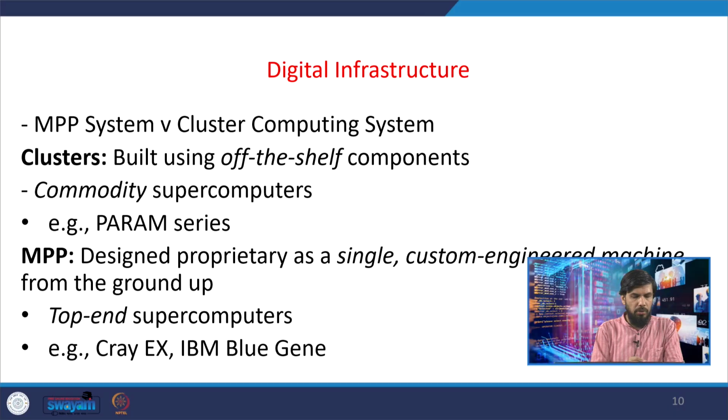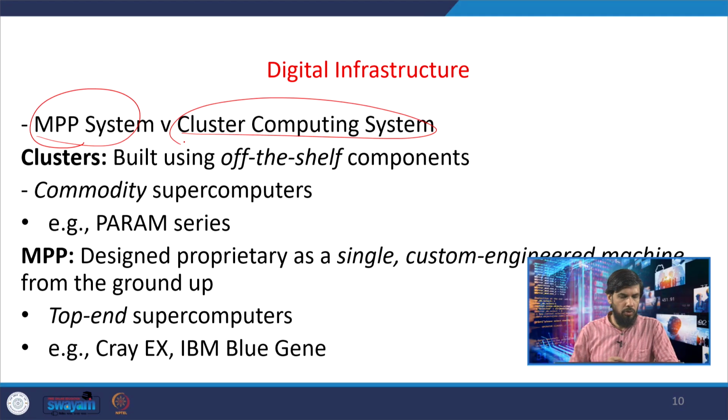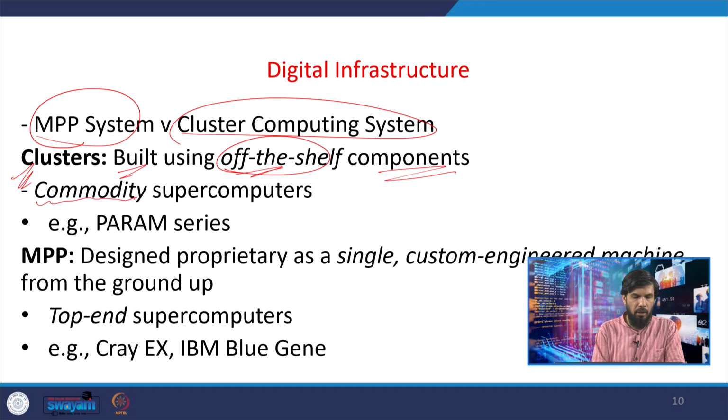Now, let us do a bit of comparison here, MPP system versus cluster computing system, right. Clusters are built using off the shelf components. That means whatever hardware components you require to come up with the clusters are taken off the shelves and put together, and that is how we arrive at clusters. That is why I said they are referred to as commodity supercomputers.